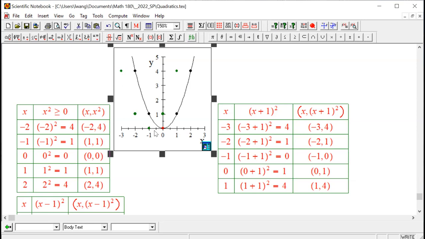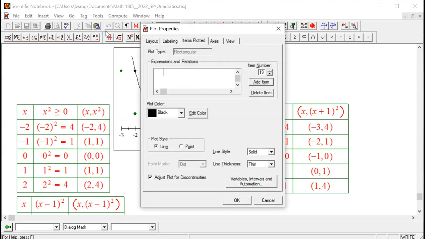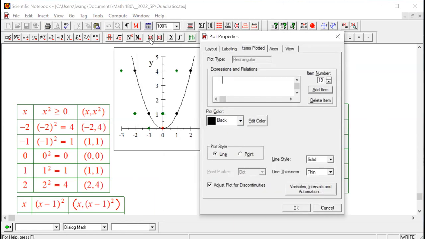So if we connect the green dots, okay, so x plus 1 squared. Okay, the green color, what happened?